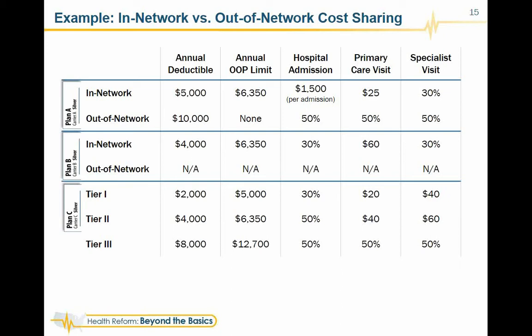If you go to Tier 2, you're still covered. You still get kind of mid-range out-of-pocket costs, but definitely higher than if you're going to preferred providers. And then Tier 3 is kind of the most costly. If you're using those providers, you're paying a lot more out of pocket than you would if you use Tier 1.